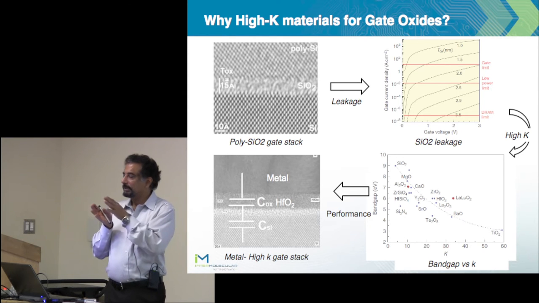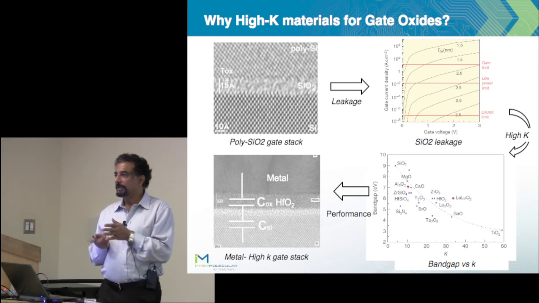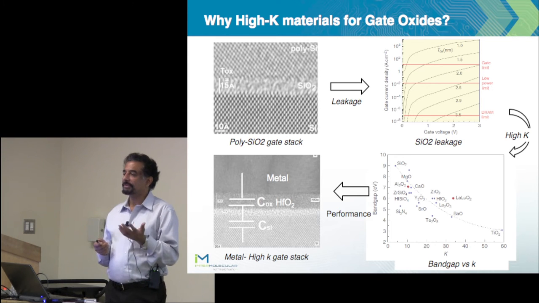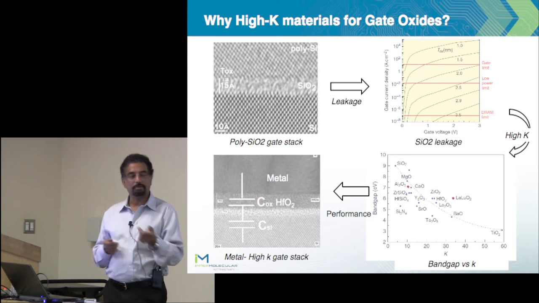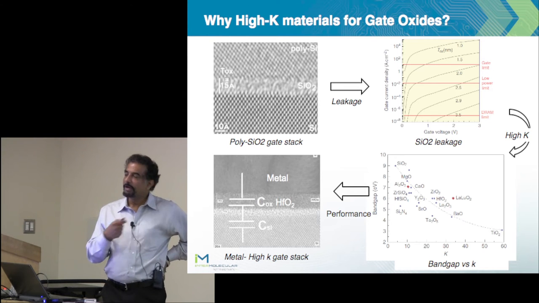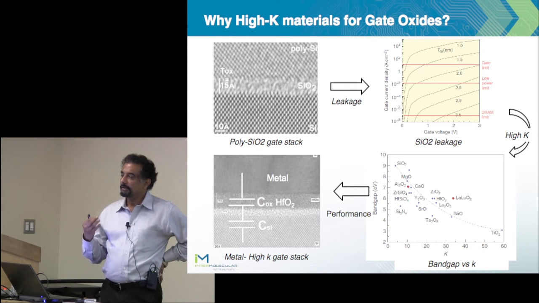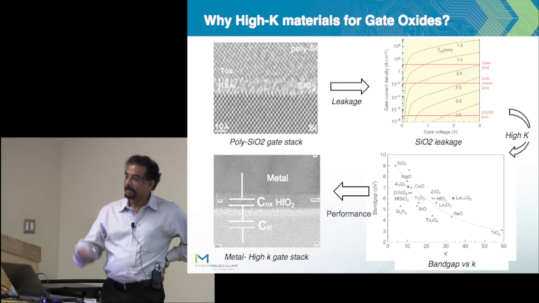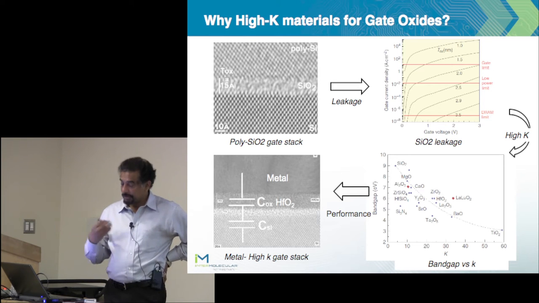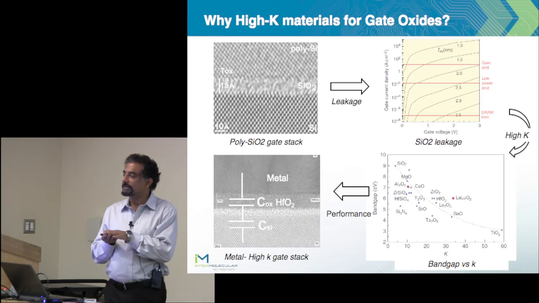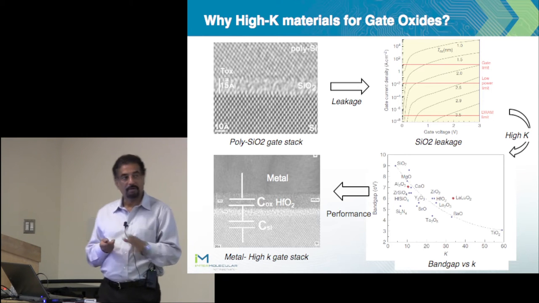But if you have a very thick oxide, in many cases you're looking for capacitance, and capacitance is inversely proportional to the oxide thickness. So the only way to do it is to have a high dielectric constant, which effectively increases the capacitance, and it's like effectively decreasing the electrical thickness.